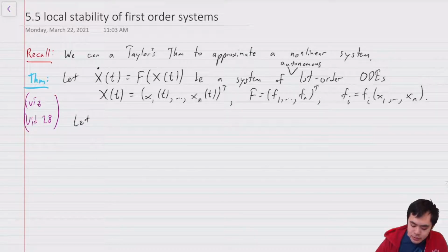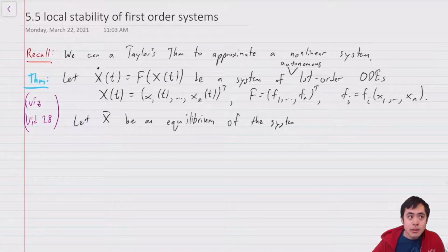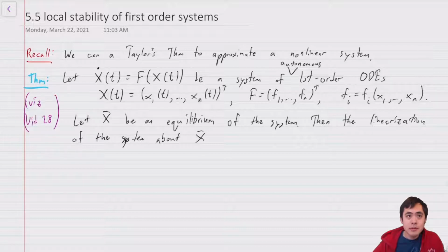And then we're going to let x bar be an equilibrium of the system, which just means that x dot at that value is equal to 0. Well, then we can linearize the system about our equilibrium, using a change of variables.